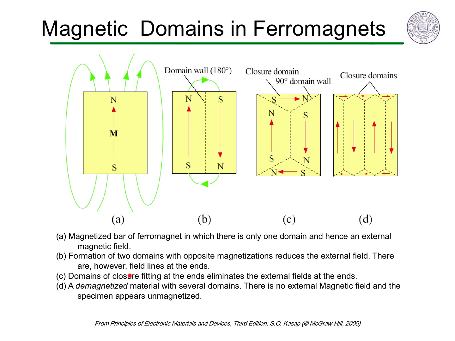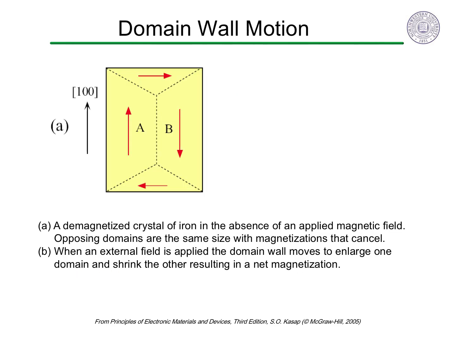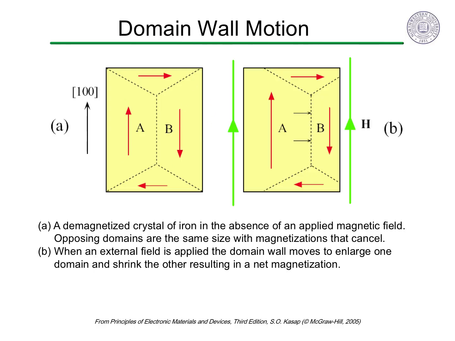Such material is said to be demagnetized. A demagnetized material has opposing domains that exactly cancel. When an external field is applied, the domain walls move to enlarge domains aligned with the field and shrink those opposing the field, resulting in a net magnetization.